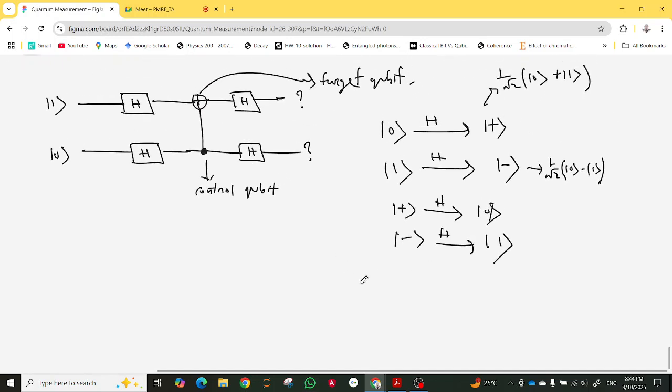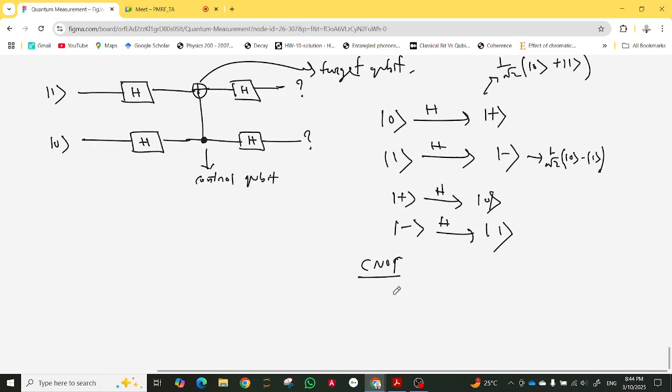Just one example of CNOT I want to give, just to be comfortable. Suppose you are acting CNOT on root 3 by 2, 0, 0, 1 plus 1 by 2, 0, 1, 0. This is a 3 qubit gate, okay?